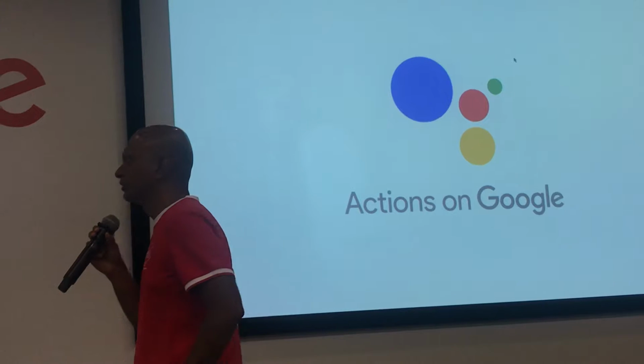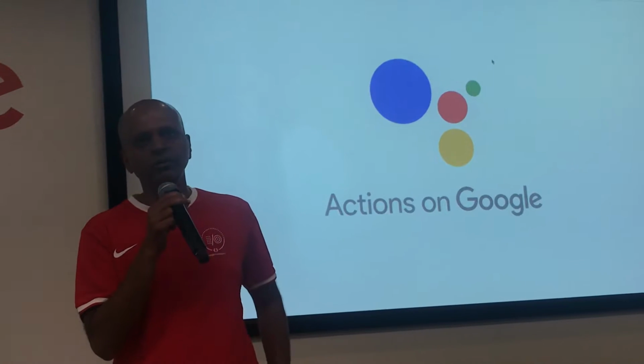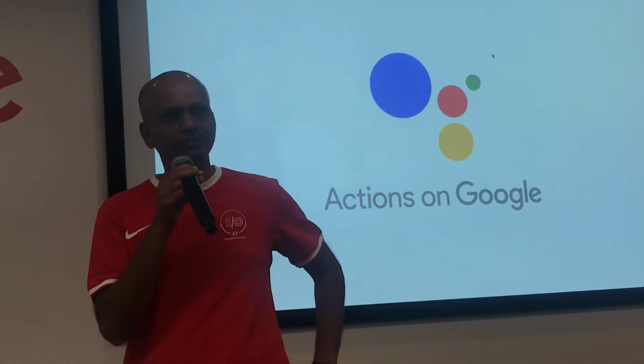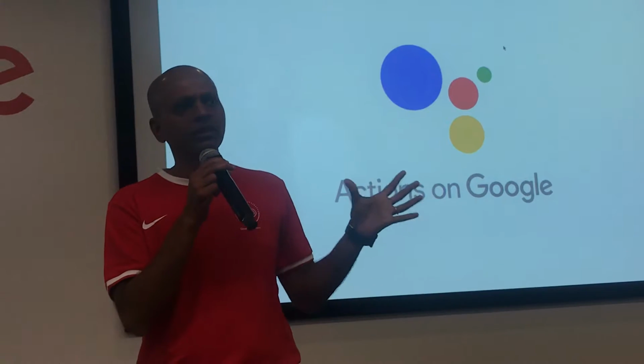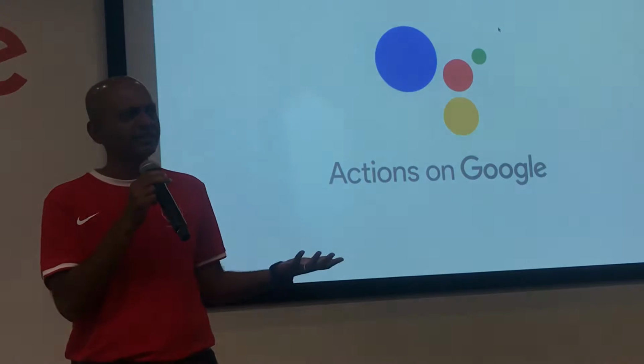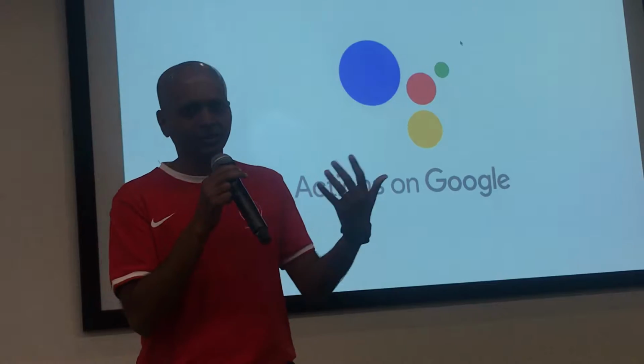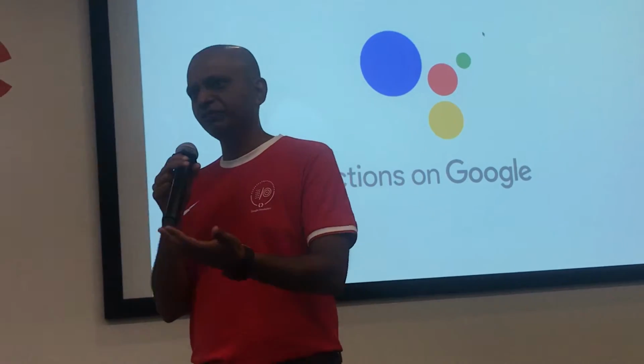So let me introduce this platform that we have for the Google Assistant called Actions on Google. Actions on Google is the developer platform if you're building for the Google Assistant. It's not very different from other ecosystems you're more familiar with, like Maps and Android and Google Search for that matter.